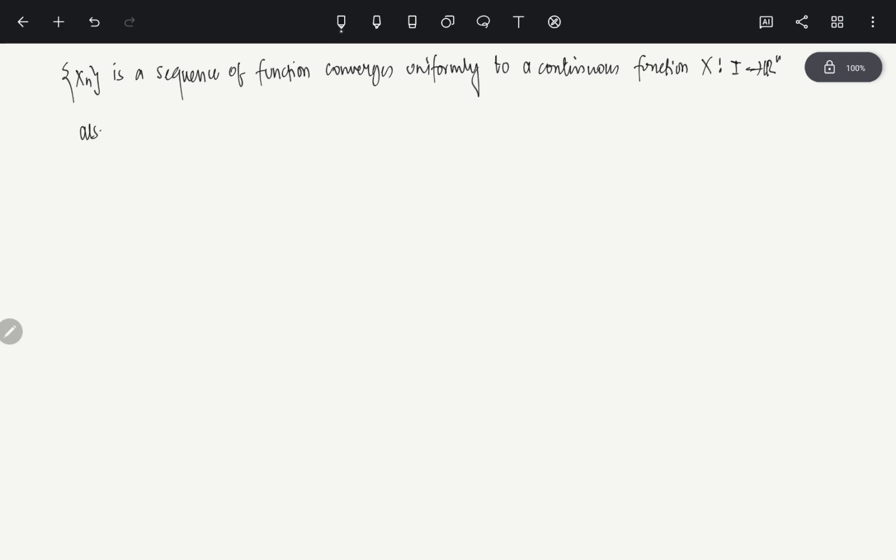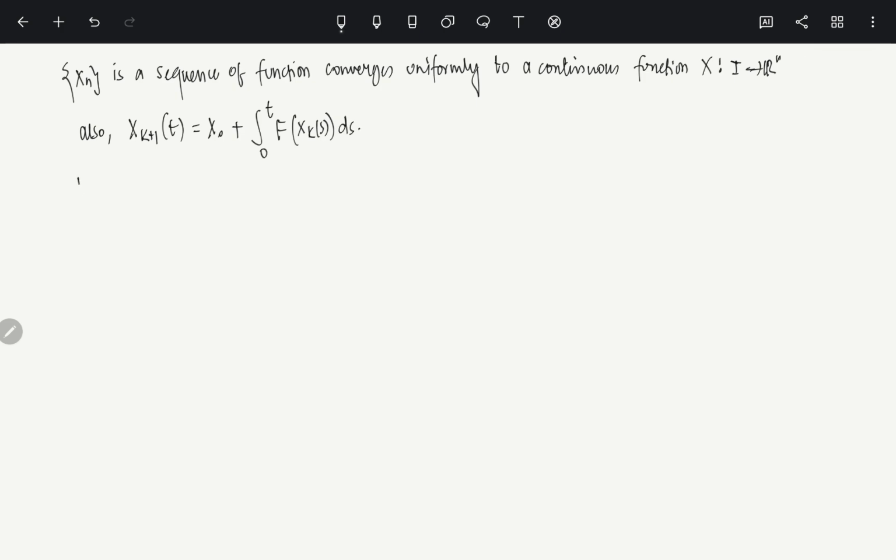Also see that x_{k+1}(t) is nothing but x naught plus the integral from 0 to t of capital F of x_k(s) ds. Clear? Okay.